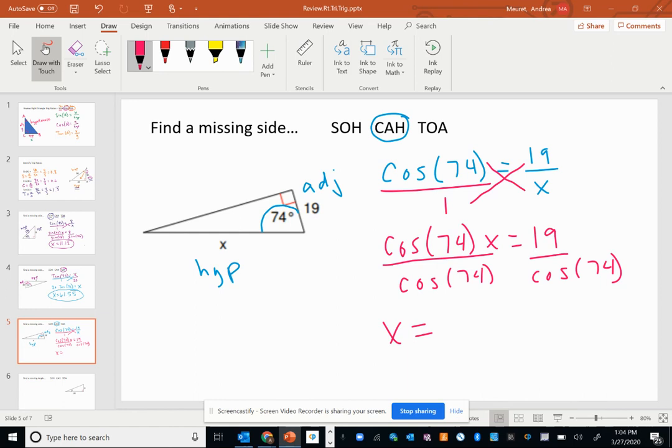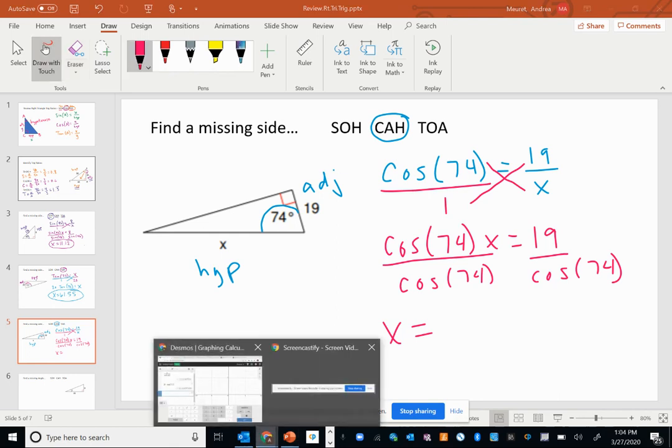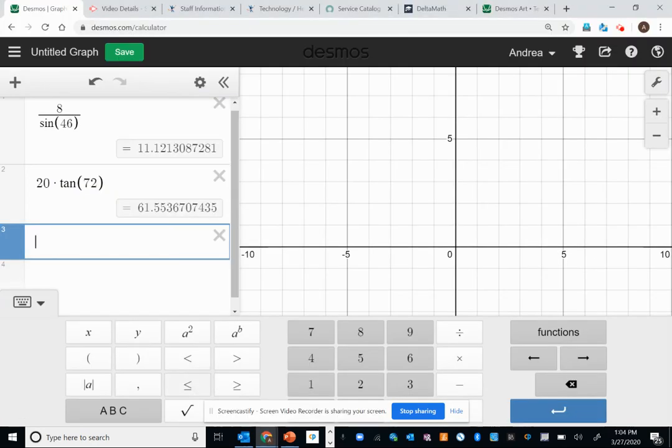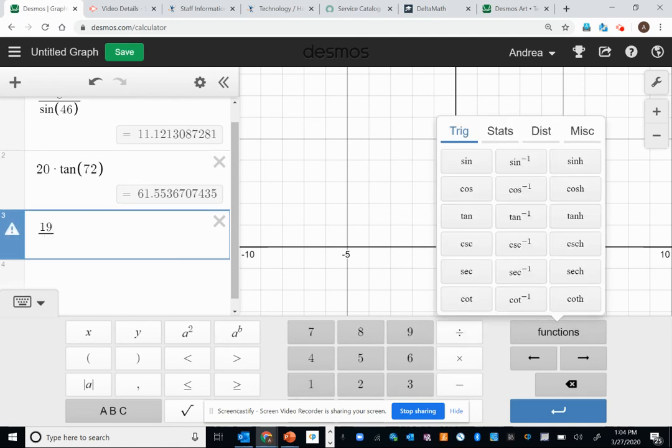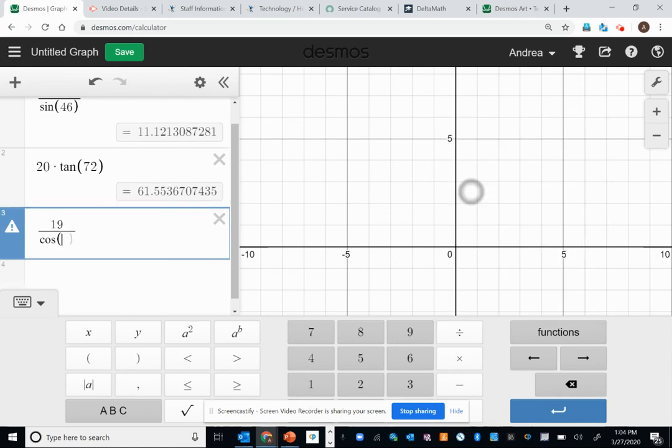So using the Desmos calculator, I need to do 19 divided by the cosine of 74.